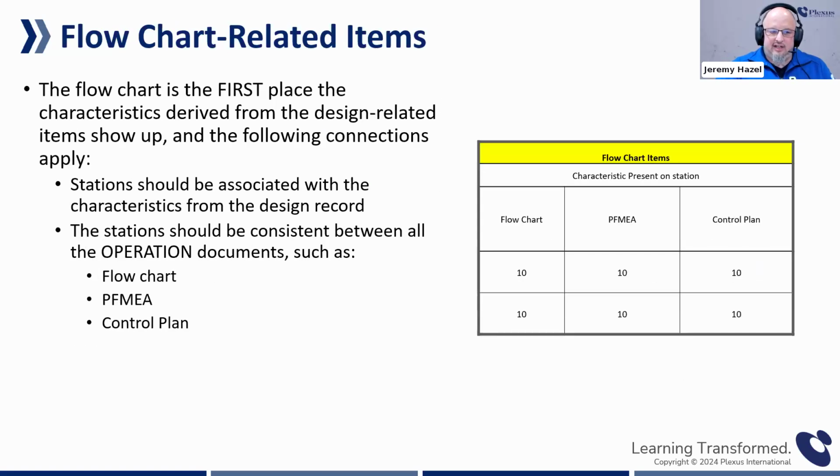And I now see at least op10 has these characteristics in the flowchart, the PFMEA, and the control plan. So I'm taking the operational side and I start moving it in from the design record. Okay. This is a key differentiator. We start with the design stuff. We move into the flowchart items. Now the linear view continues.